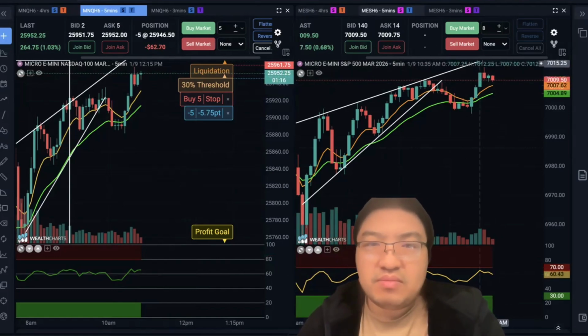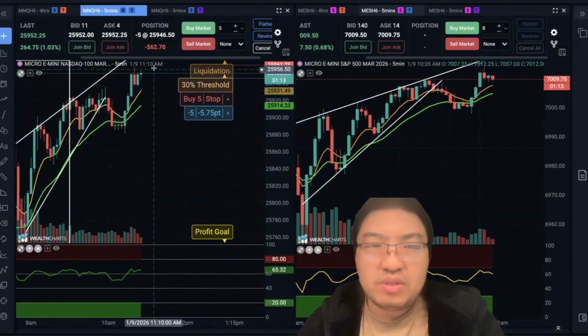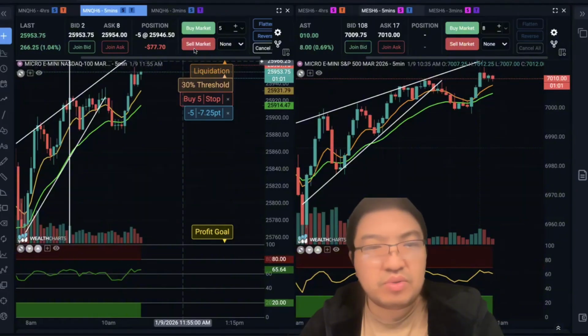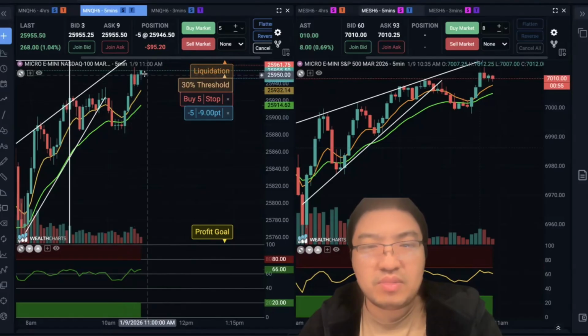So both are in the range. At this time, both are in the range, so I'm not sure who's gonna win. It looks like currently it's upward.